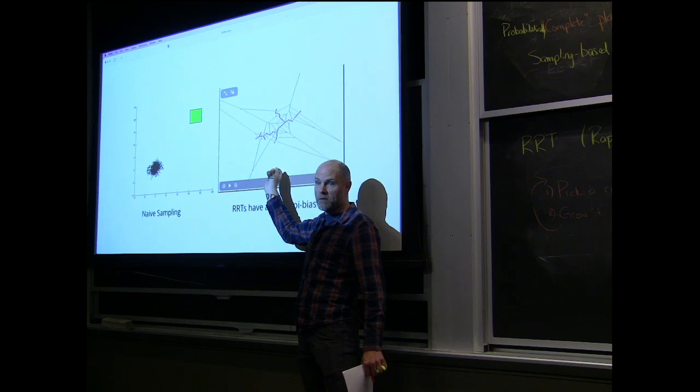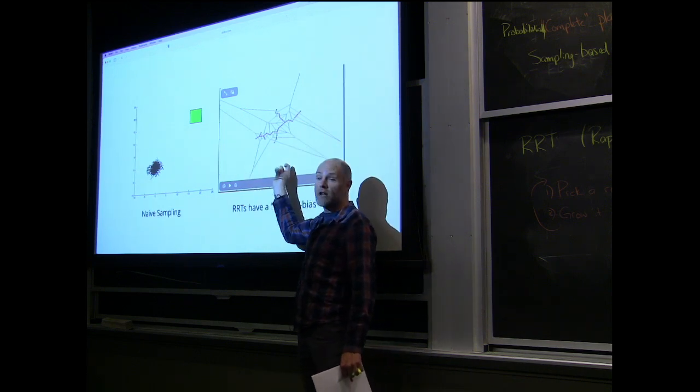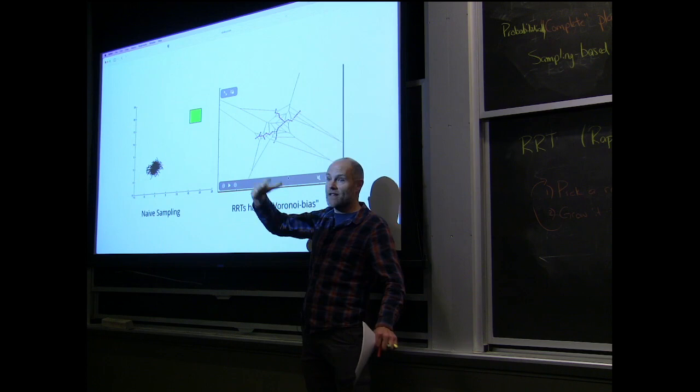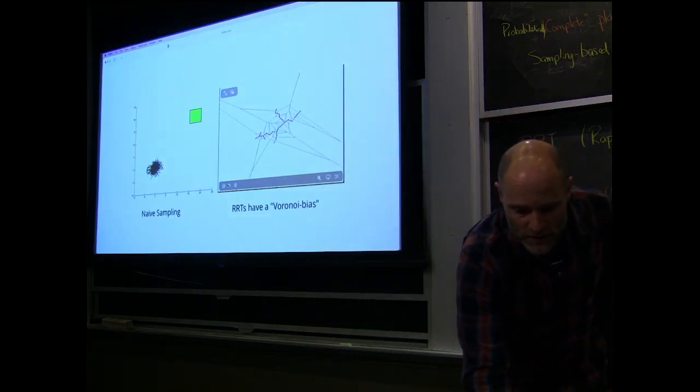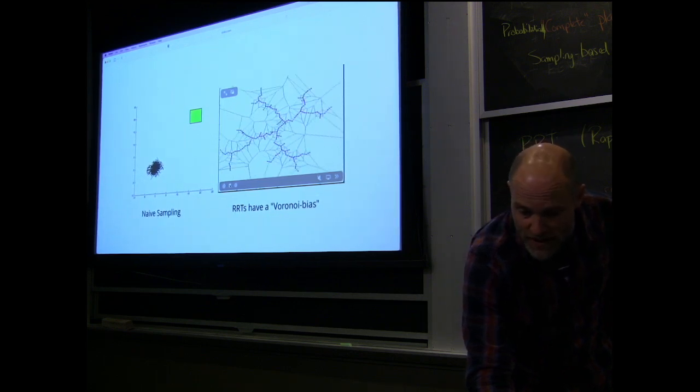I did that for plotting, but it never does that explicitly. But with high probability, you're going to pick a large region to begin with, and then you're going to expand the node that's there. So you're going to tend to make that large region small. So remarkably, without ever computing Voronoi regions, it has this Voronoi bias where it tends to grow out into the large regions, which tend to be in the unexplored space first.